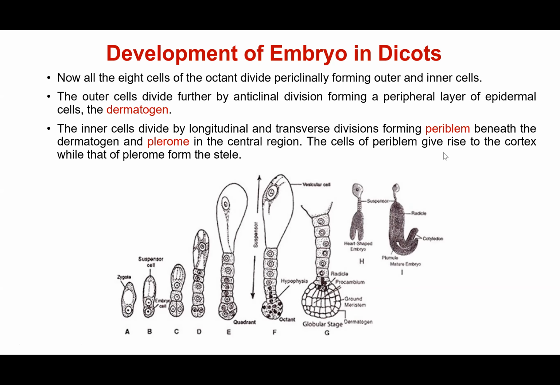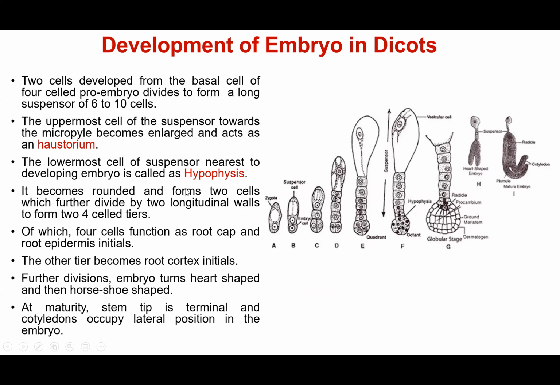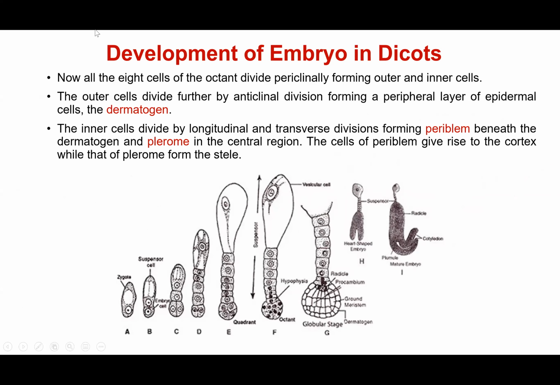When we look in anatomy, first you have epidermis, then cortex, and below the cortex you have stele, which is formed by plerome. So from the octant stage, you have the formation of dermatogen, periblem, and plerome. Dermatogen is formed from the outer cells, whereas the inner cells form periblem and plerome. Dermatogen gives rise to epidermis, periblem gives rise to cortex, plerome gives rise to stele. So in this way we have the formation of epidermis, cortex, and stele.